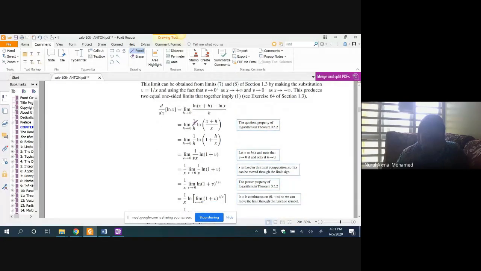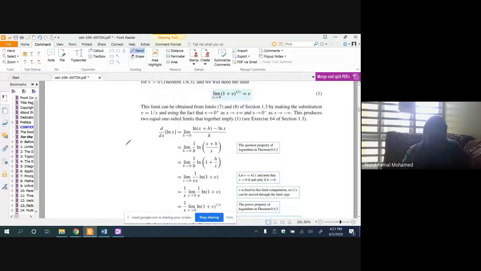You get everything for the derivative from this formula: limit h tends to 0 of f of x plus h minus f of x, divided by h. You have seen this a lot.